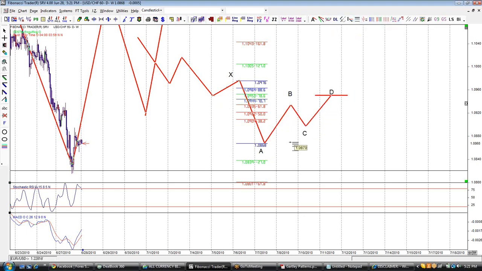And what you do is you place your fib from the A to the B, and then you find your entry at the C, and you're planning to exit maybe one of your profits at the same level as the B, and then another profit maybe at 127, maybe the third one at 1618 if price goes all the way up to 1618.